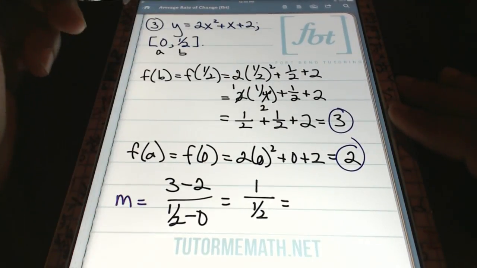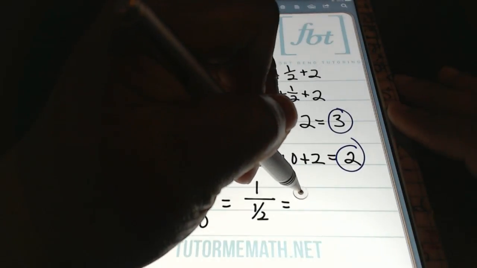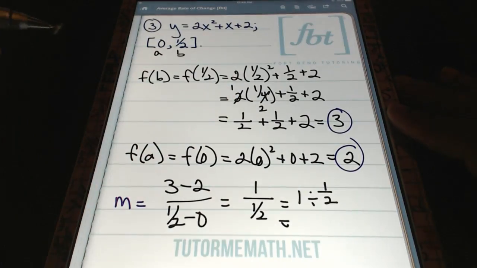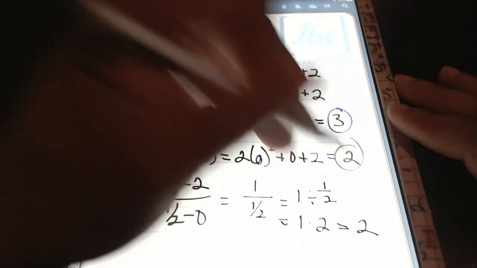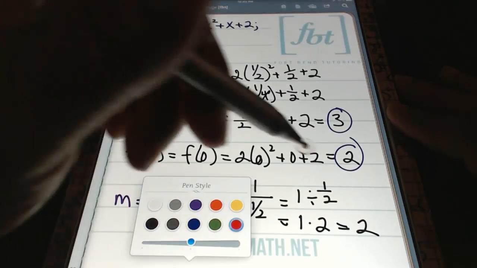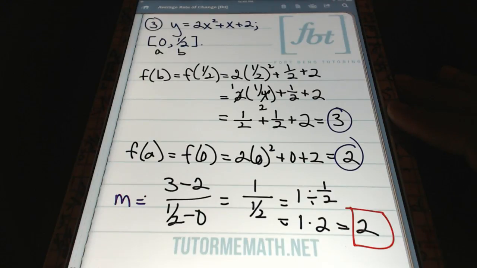Well, what do you do when you're dividing with fractions? You multiply by the reciprocal of the second fraction. So we'll end up rewriting this as 1 times 2. So the answer is 2 for our slope. And we're going to red box it, ladies and gentlemen. There it is. We have it.